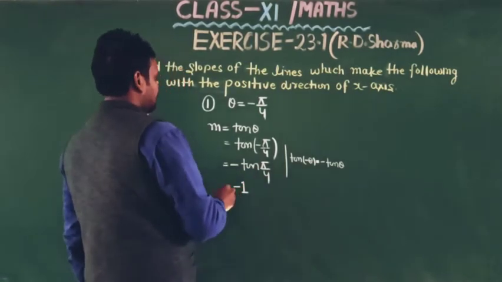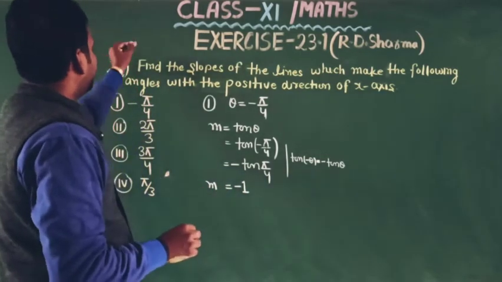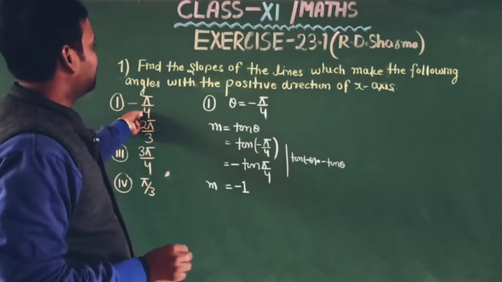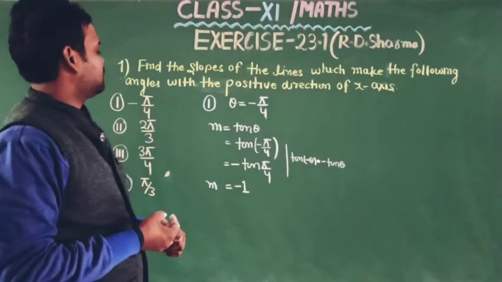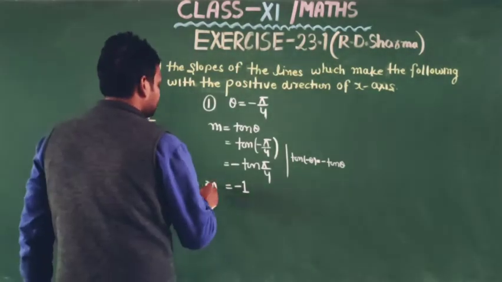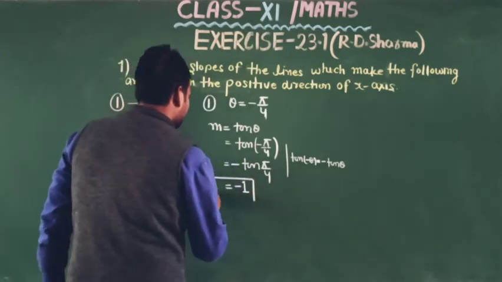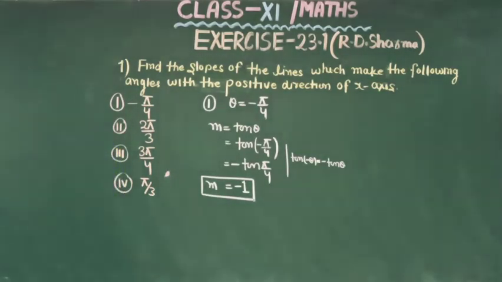So the slope of the line that makes an angle minus pi by 4 with the positive direction of the x-axis is equal to minus 1.